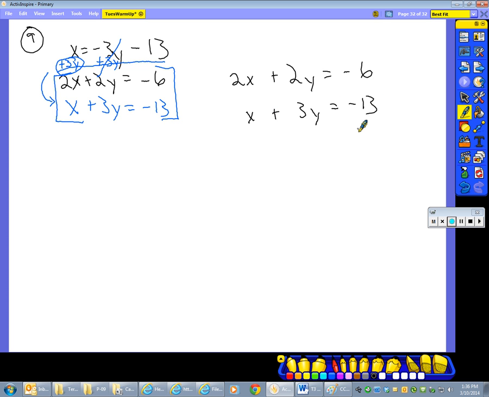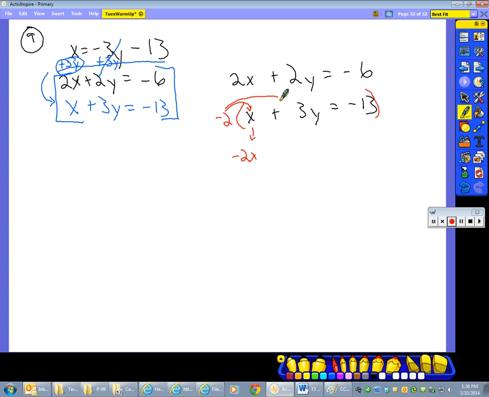Someone tell me, what do I multiply the second equation by in order to make the x variables opposite? Let's go with, I was wanting to pick Nia, but she's not raising her hand. Can you tell me? Yes, great job. She says I multiply it by negative 2, and watch what happens. A negative 2 times x is going to give me a negative 2x.